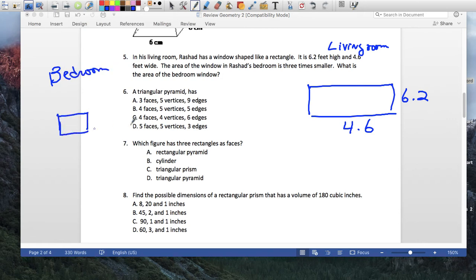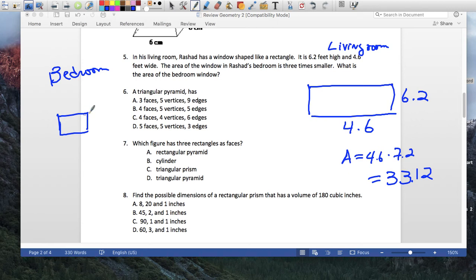It's a little bit smaller, 3 times smaller. What is the area of the bedroom window? Well, let's find the area of the living room, the bigger window, first. The area is going to be 4.6 times 7.2, which gives us 33.12.